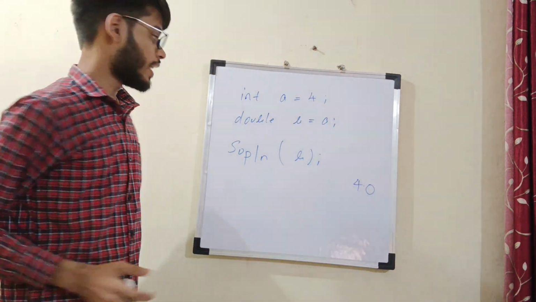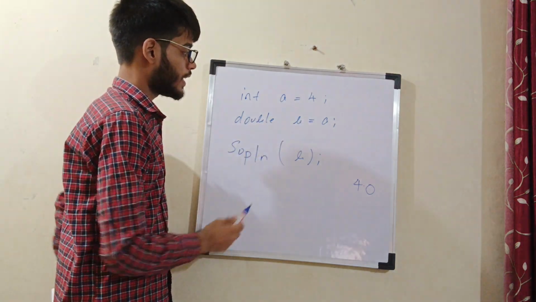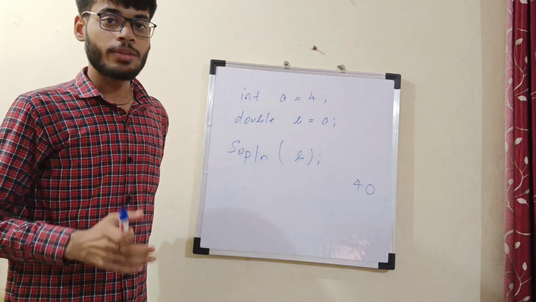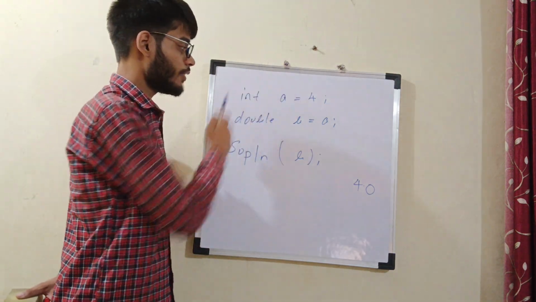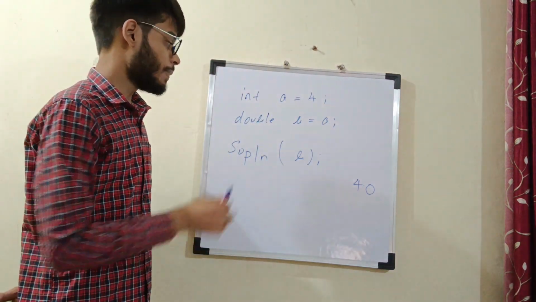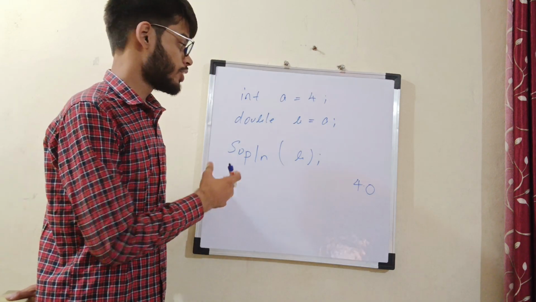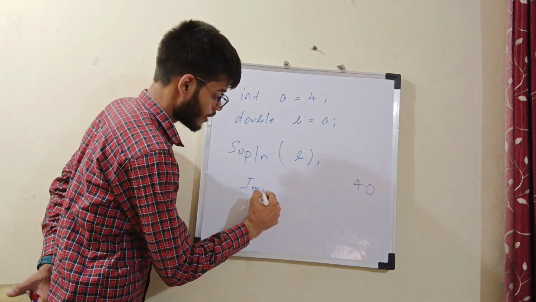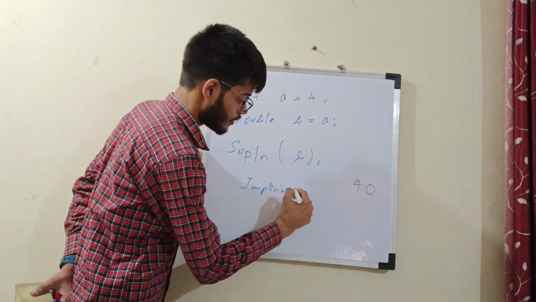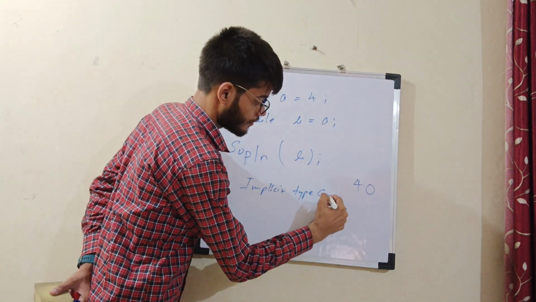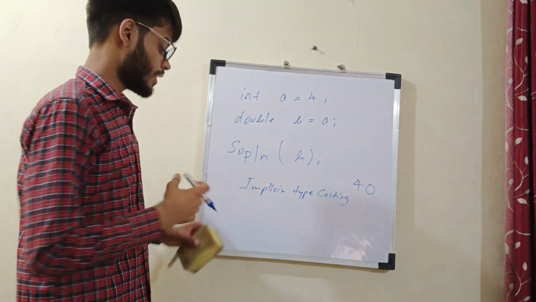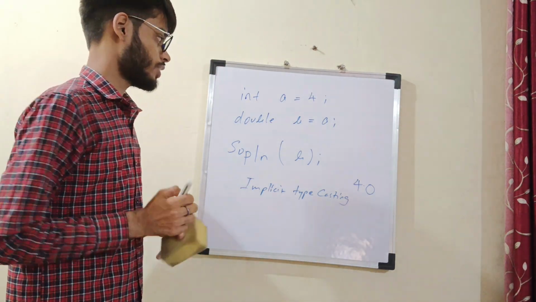Over here the conversion of data type from int to double is being done by the compiler. As you can see, we are not doing anything, so the compiler is performing the conversion, the typecasting. So this is an example of implicit typecasting.